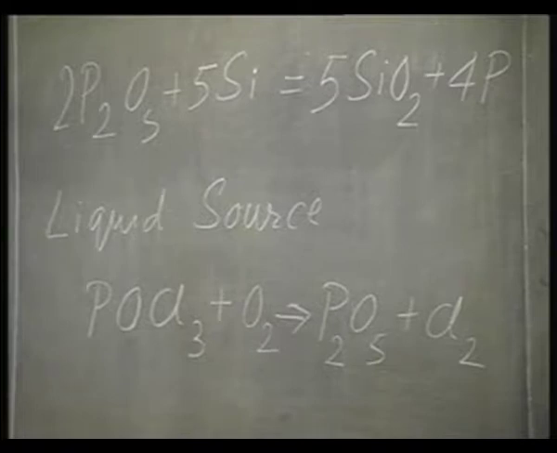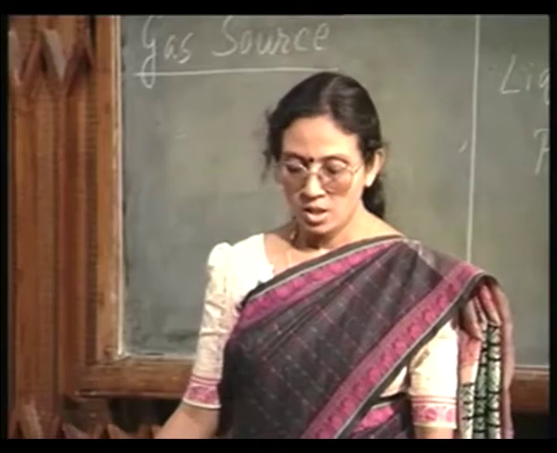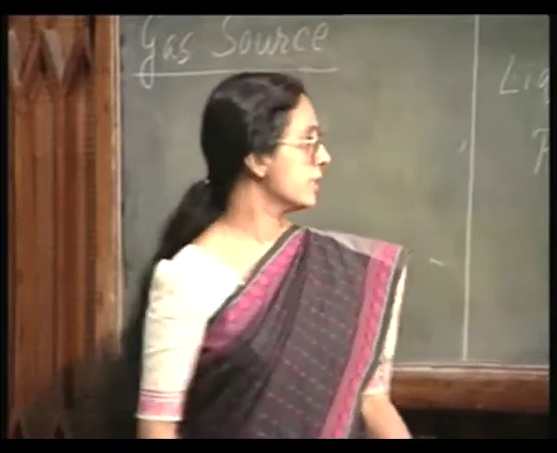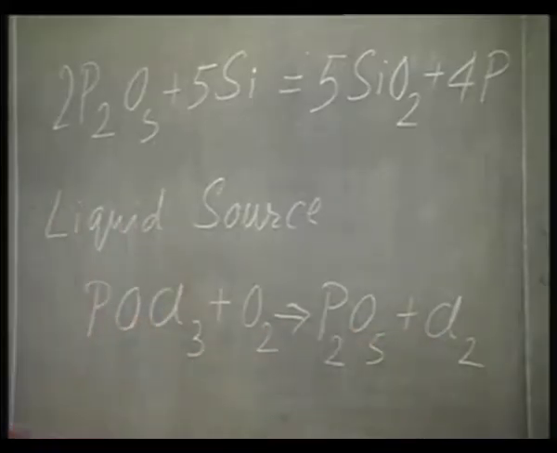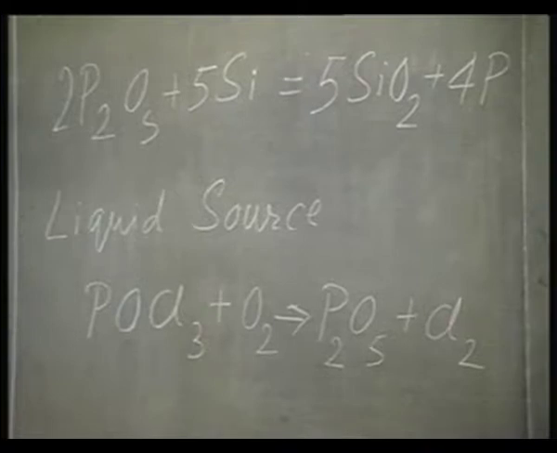And then of course, this P2O5 will react with silicon to give phosphorus in silicon. And you see, again here you are releasing chlorine. So, venting is a major concern, but again because of this chlorine one can get the gettering effect.